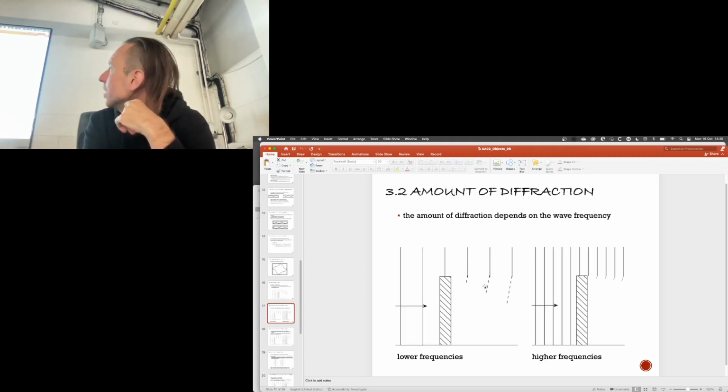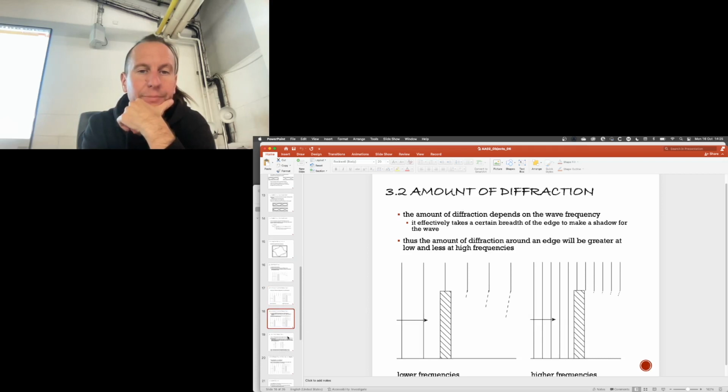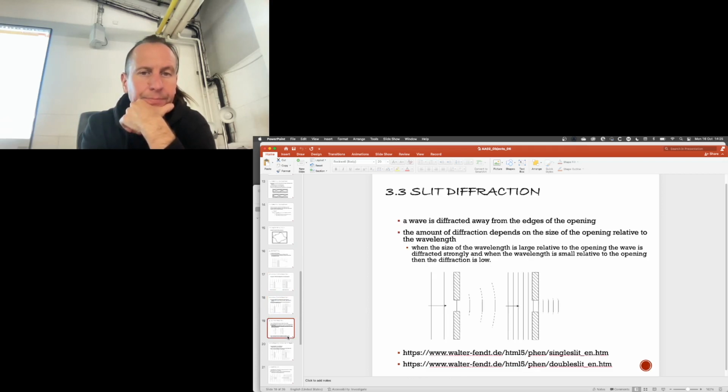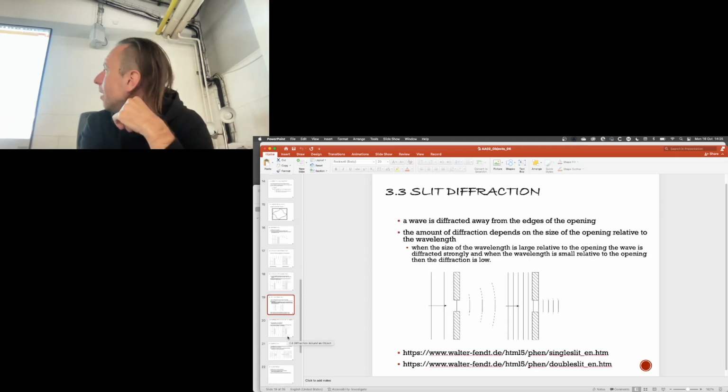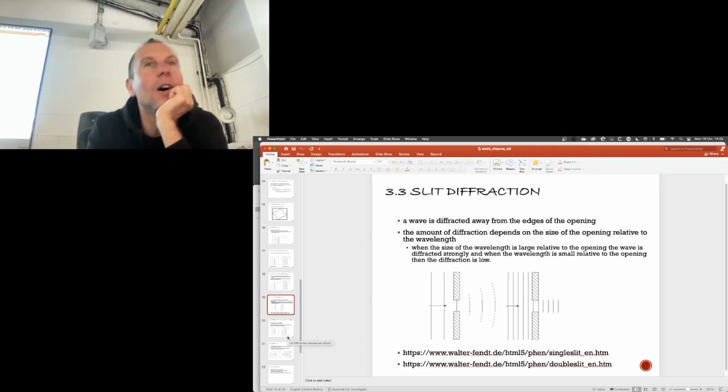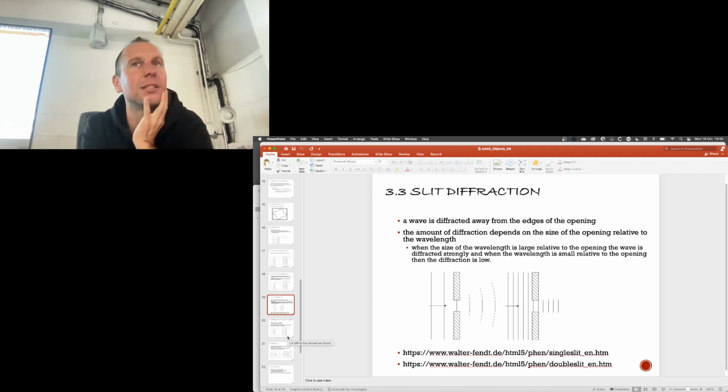And that's the graph of that, right? So the amount of diffraction in relation to the frequency of the wave. Cool. Now, there is a whole lot of interest in slits in physics, also for electrons, but also for waves.